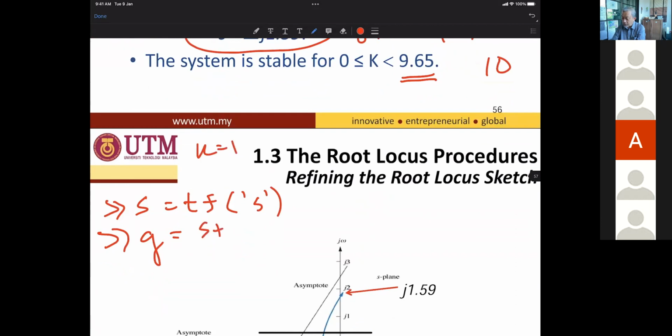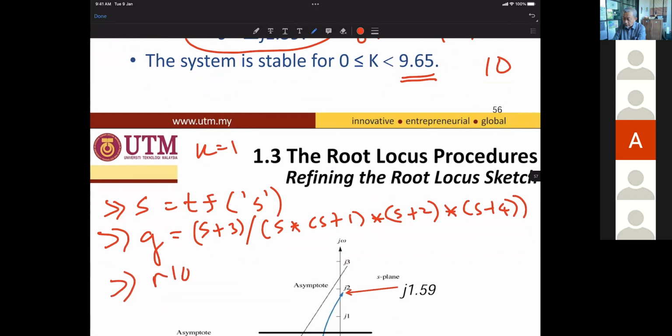So (s plus 3) divided by s times (s plus 1) times (s plus 2) times (s plus 4). Okay. Then rlocus G and then grid. So we switch to MATLAB.